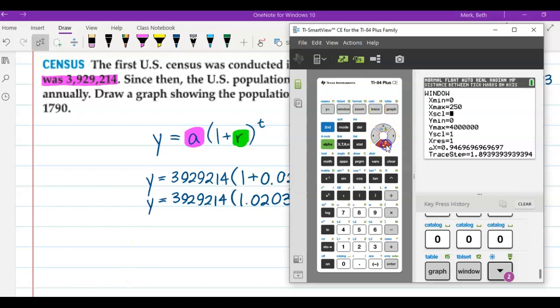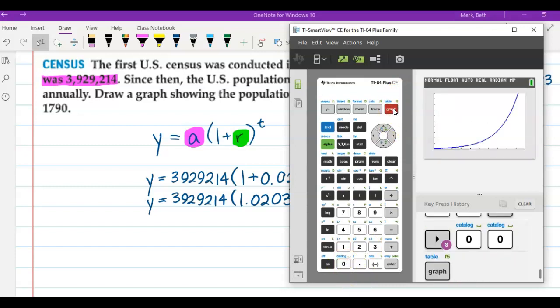Because I forgot to adjust my scale, I'm going to count by 25s for my X scale, and my Y scale, I'm going to count by 400 million, actually. 1, 2, 3, lots of zeros to keep track of. I believe my Y max is too small as well, so we're going to put some zeros on the end of that. Now let's try to graph. There it is. Now we can see our graph.